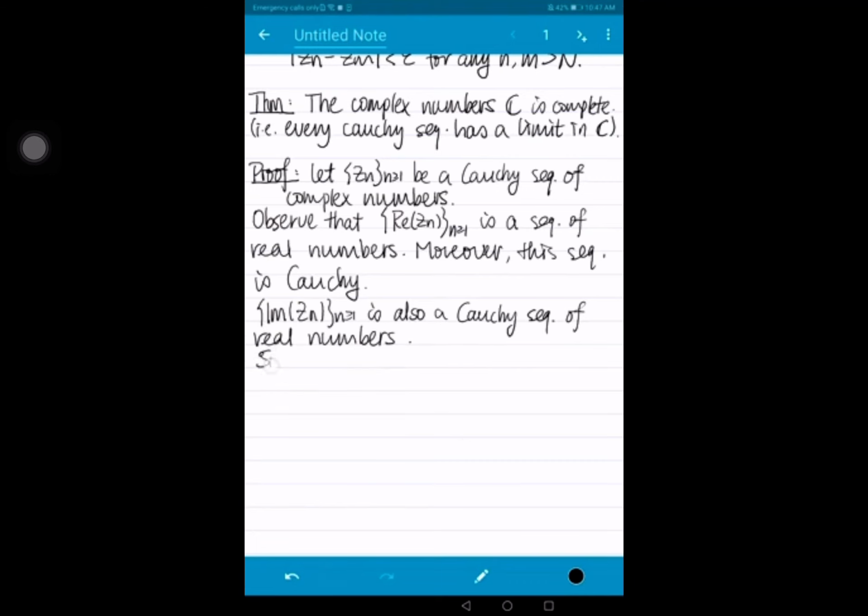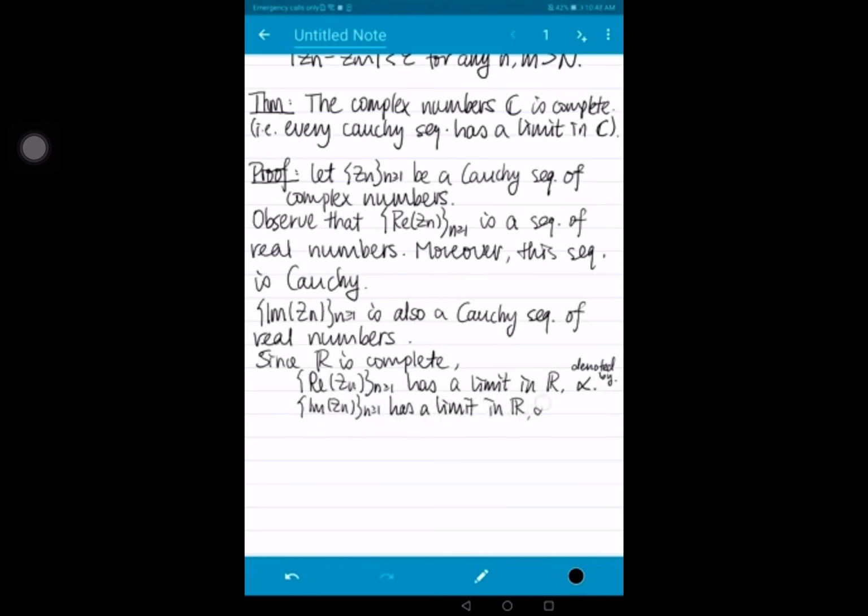Therefore, since R is complete, the real part of z_n, this sequence, has a limit in R, which we call alpha. Similarly, the imaginary part of z_n also has a limit in R, and we denote it by beta.